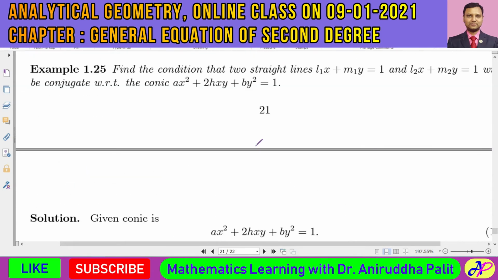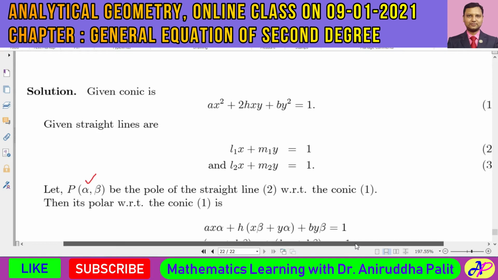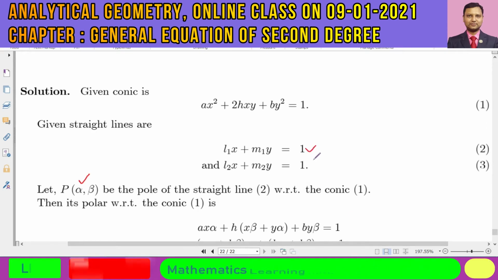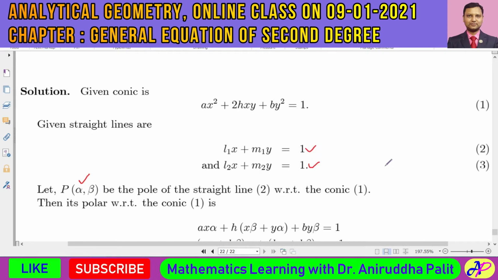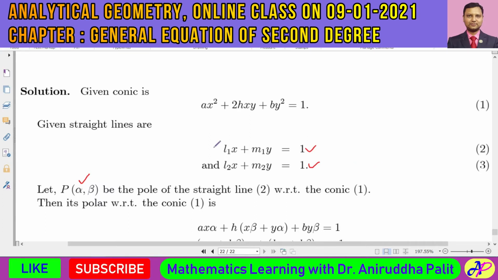And in order to show that these two straight lines, number 2 and 3, are conjugate to each other, we will have to show that the pole of the first line lies on the second line.